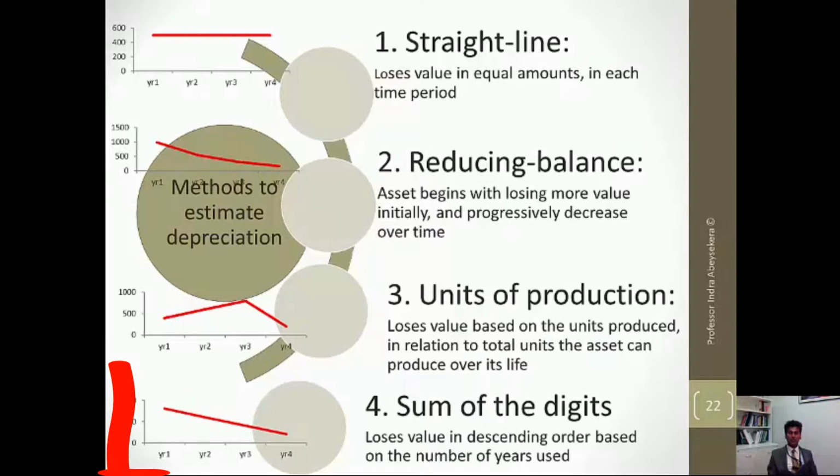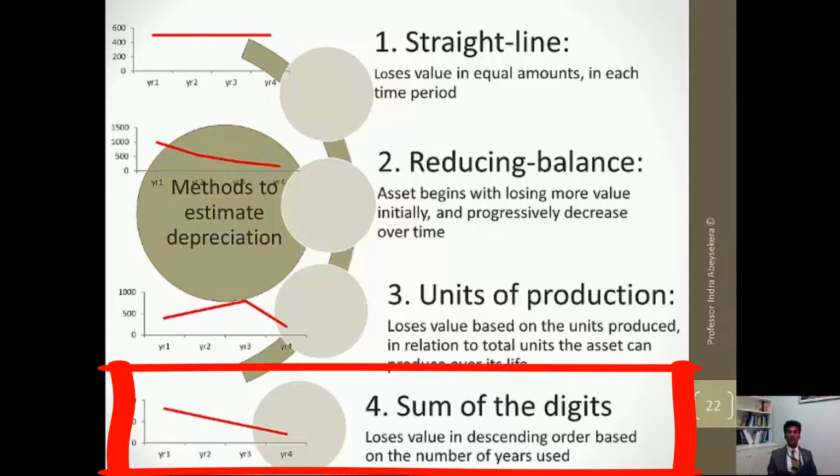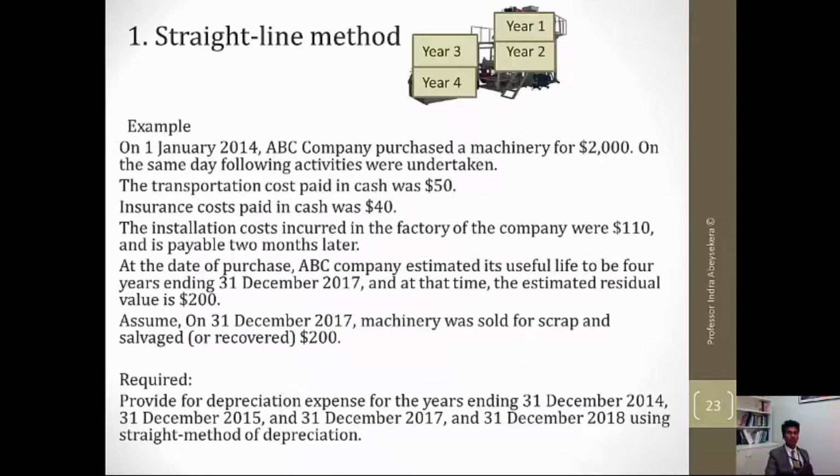Sum of the digits method loses value in a descending order based on the number of years used, like the reducing balance method. Let's look at each one of these now.